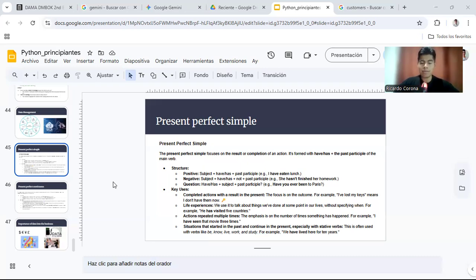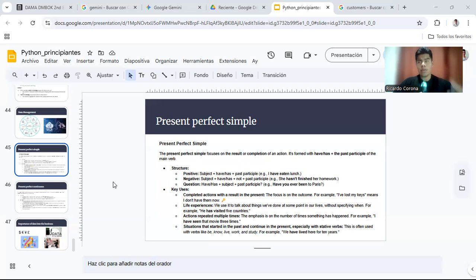Present perfect simple focuses on a result or a completion of an action. It's formed with have or has plus the past participle of the main verb.